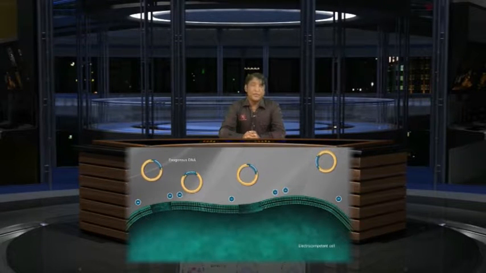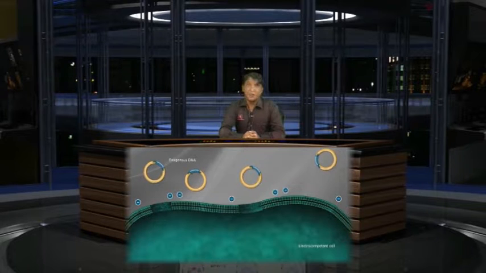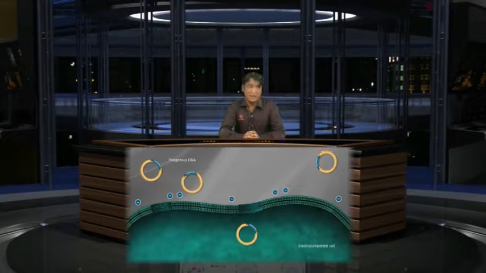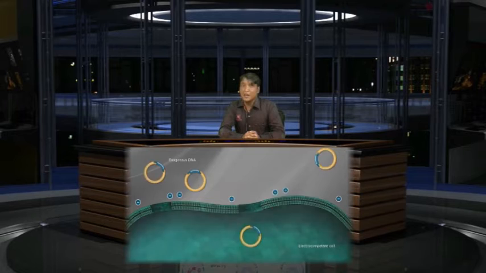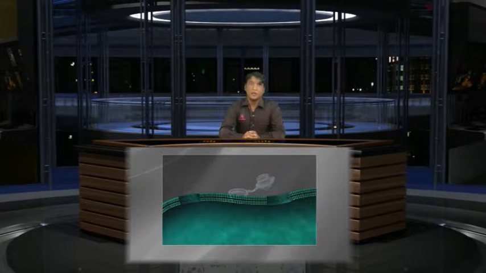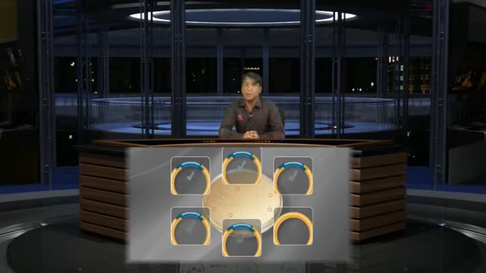The first step in the transformation process is the binding of nucleic acid to the cell wall. Bacteria contain a very thick cell wall, and the cells in a competent state are able to express a special type of proteins over the surface of the cell wall.